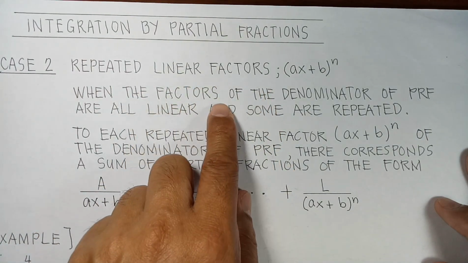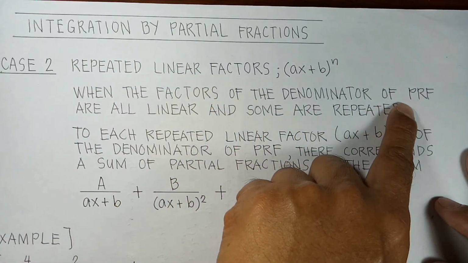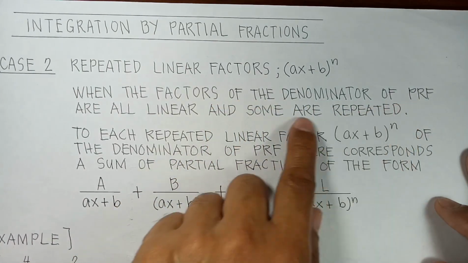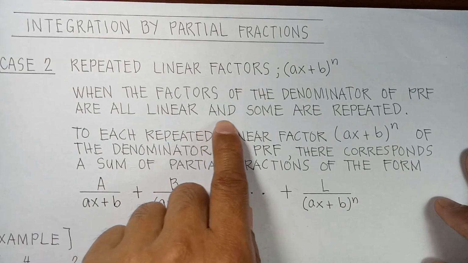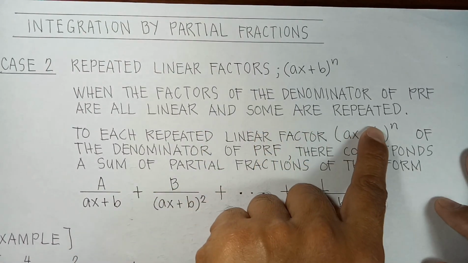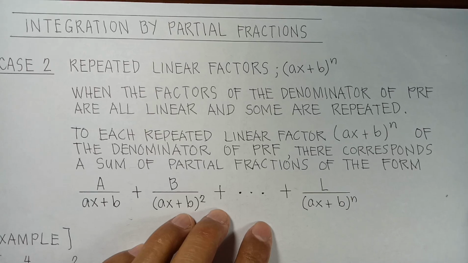So kapag ang factors ng denominator ng proper rational fraction lahat ay linear at ang iba ay inuulit, case 2 siya nun.